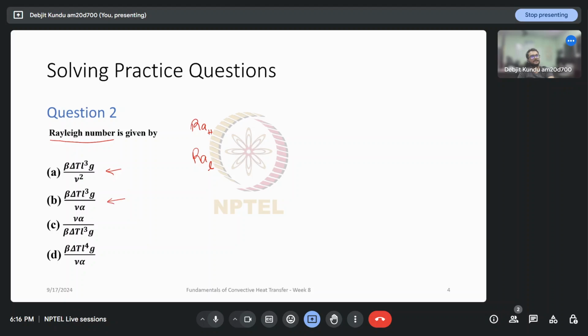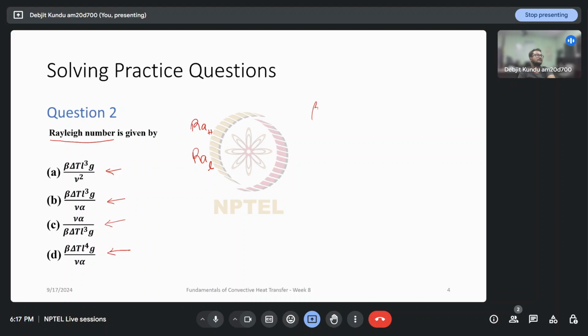Is it beta delta T L cube G by nu alpha? Is it nu alpha over beta delta T L cube into G? Or is it option D, beta delta T L to the power 4 G divided by nu into alpha? And here all the variables represent their usual meanings.